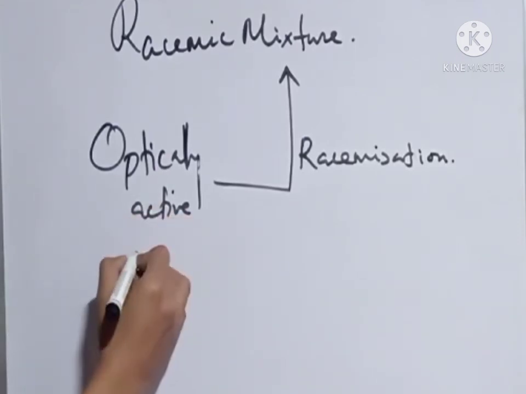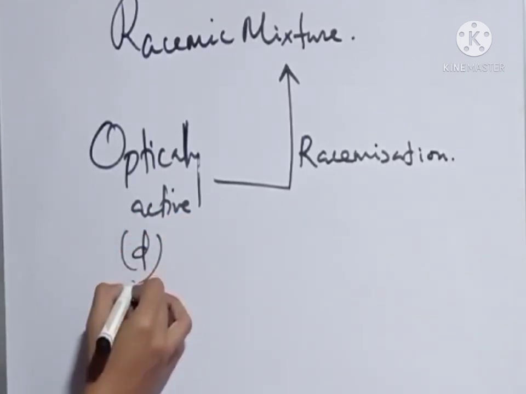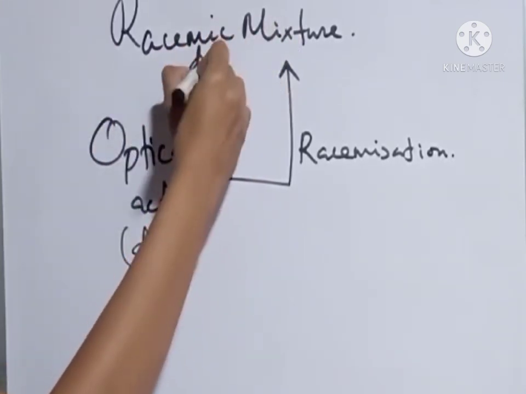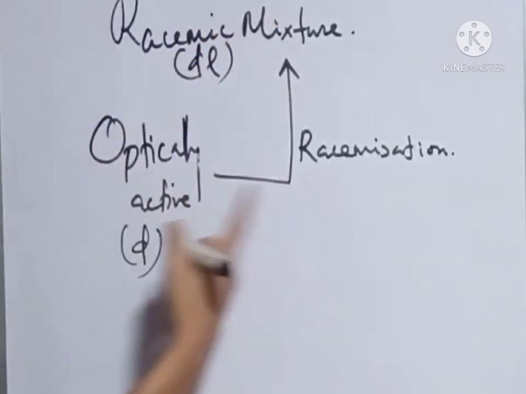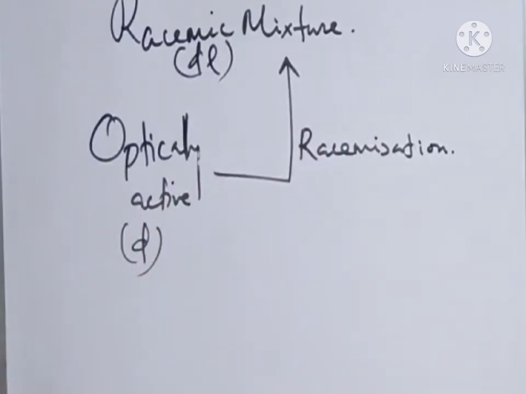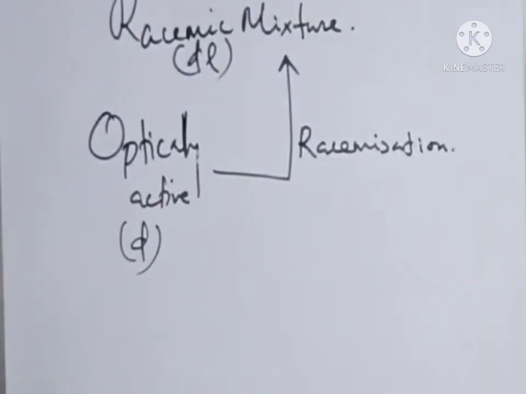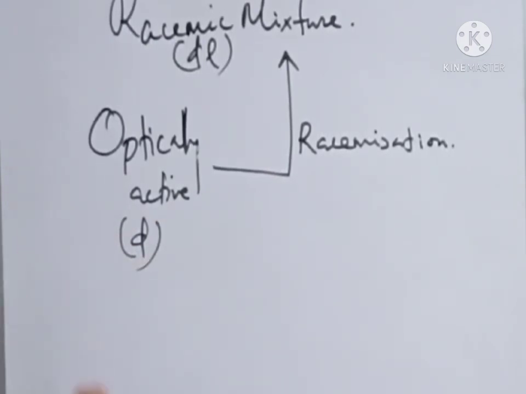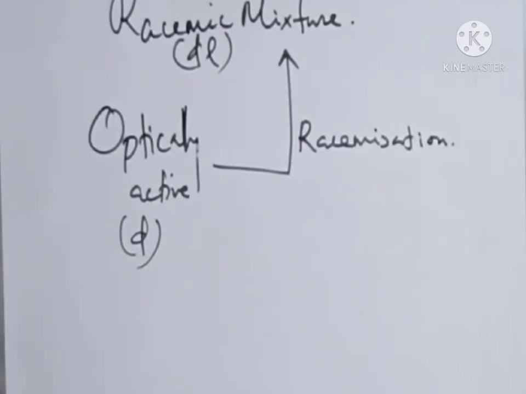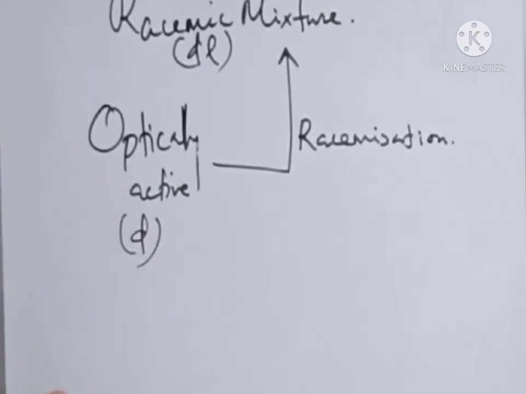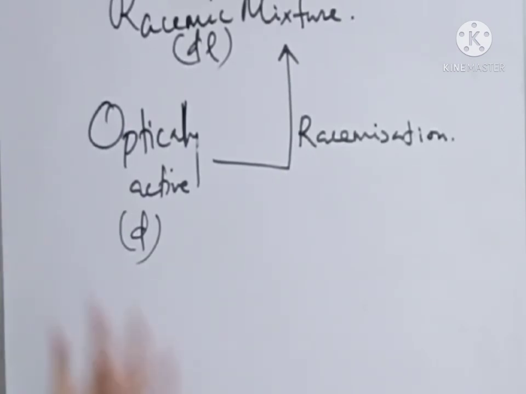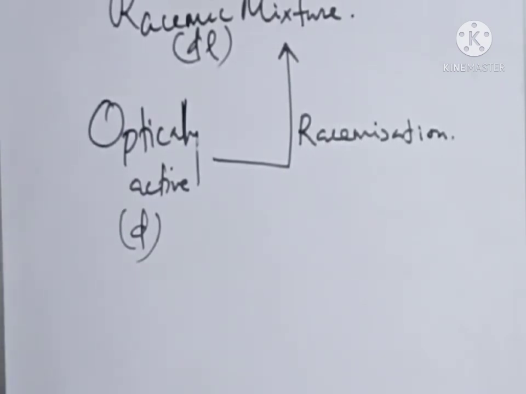That is, if we have a pure D form, we can convert this into a mixture of DL by the racemization process. Racemization can be done by using many simple processes. For example, racemization can be done by heating an optically active compound or treating the optically active compound with a suitable reagent, or sometimes auto-racemization also occurs.